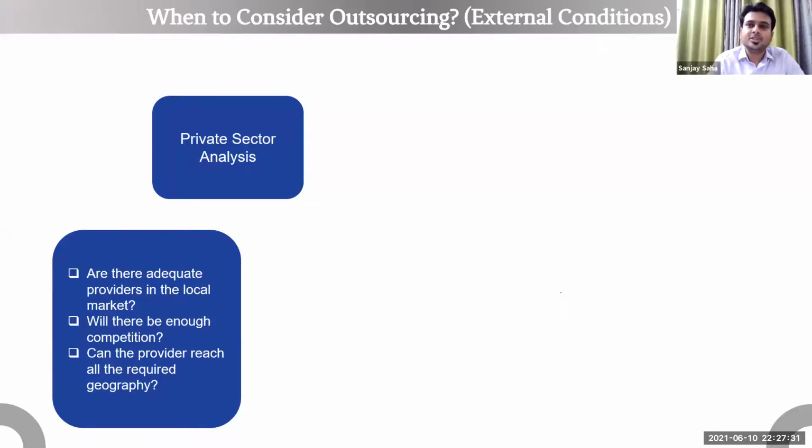Okay, and in terms of transportation, will that provider be able to reach all the required geographies? We will come to a case study later of Uganda, where we will see that when they outsourced their last mile distribution, the providers were able to reach all their districts eventually. So the providers must have that geographical reach as well.